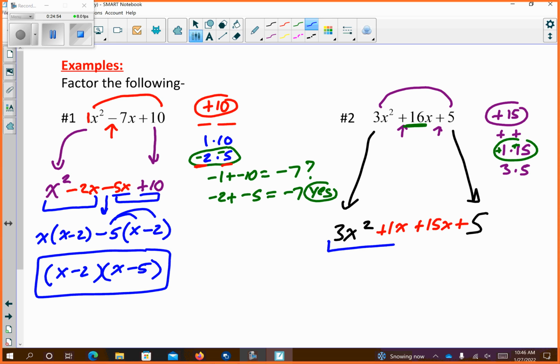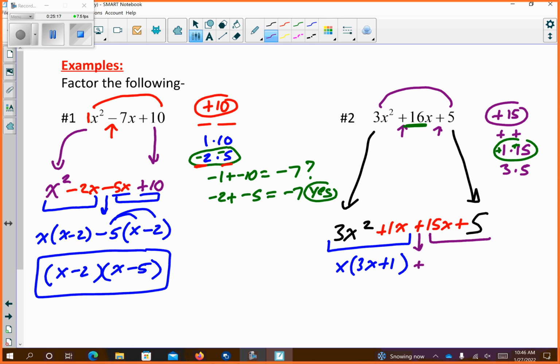What do I have in common between these first two? X. If I factor an x out of 3x squared, what do I have left? 3x. If I factor an x out of 1x, what do I have left? A 1. Good. This sign comes down.